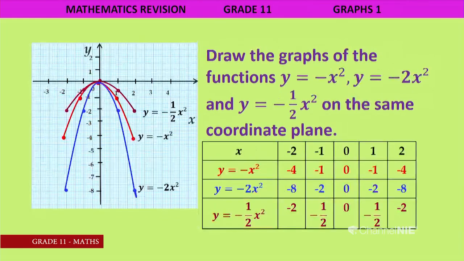We'll see the opposite one. We considered minimum graphs with various equations. Here, draw the graph of the function y equals -x squared. Can you see here? What is our general equation? Y equals ax squared.